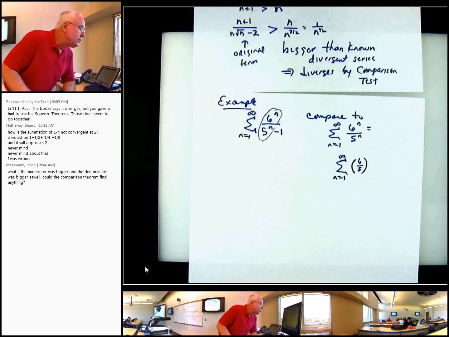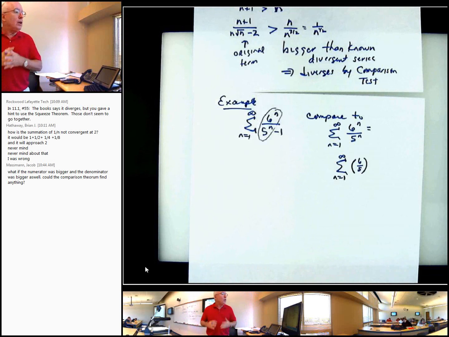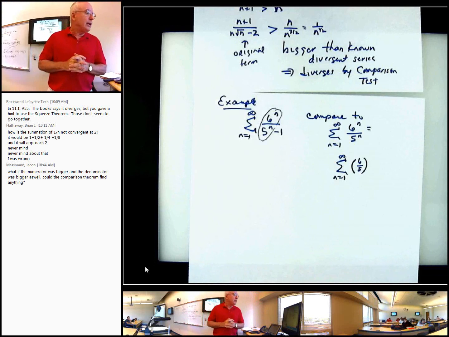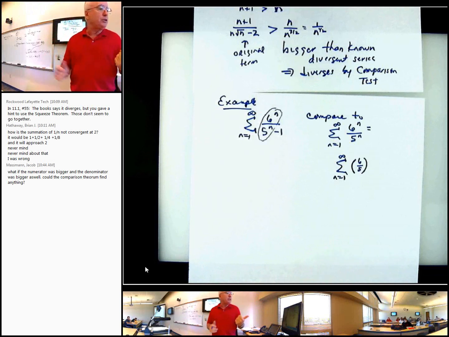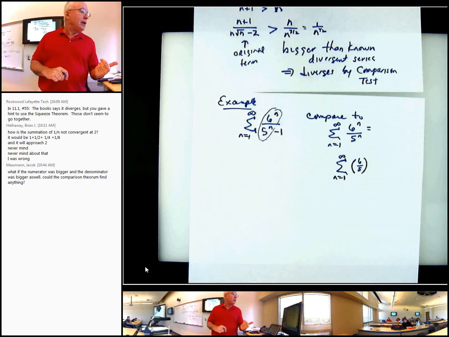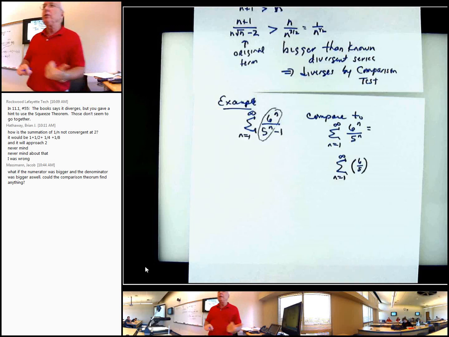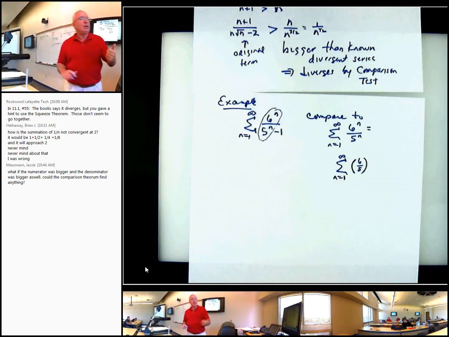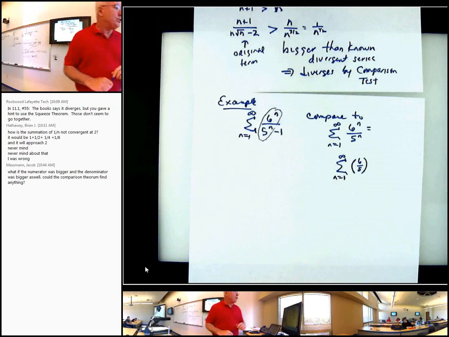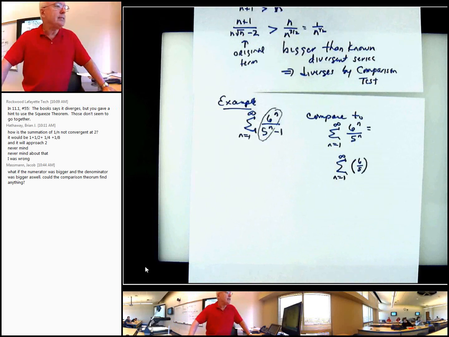Jacob Massman asks, what if the numerator is bigger and the denominator was bigger as well? So the denominator being bigger means that it's smaller, but the numerator being bigger means that it's greater than. So Jacob, my answer to you is the comparison test in that case isn't going to help us.